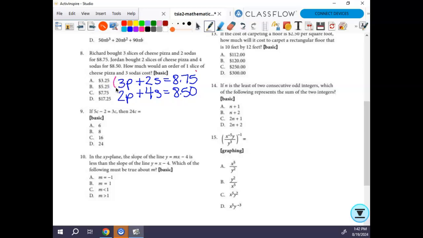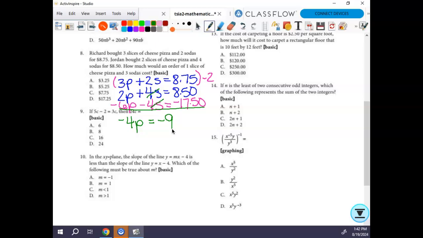If we multiply this whole thing by -2, and then put it under this one, this would give me -6p minus 4s equals -1750, is that right? Okay, thank you. And then I'm going to combine those. So this gives me a -4p. Those zero out. And then this is -9, right?